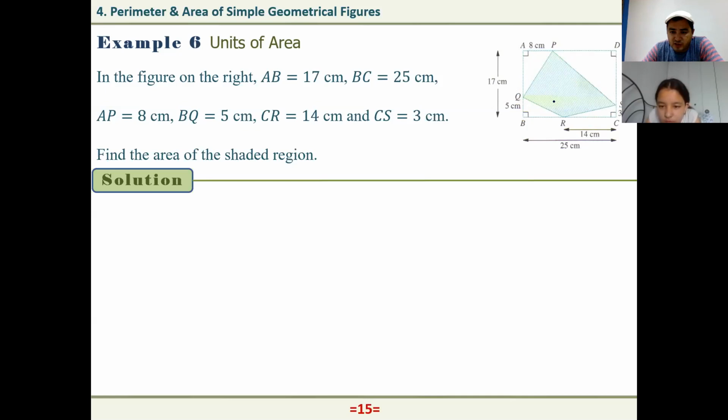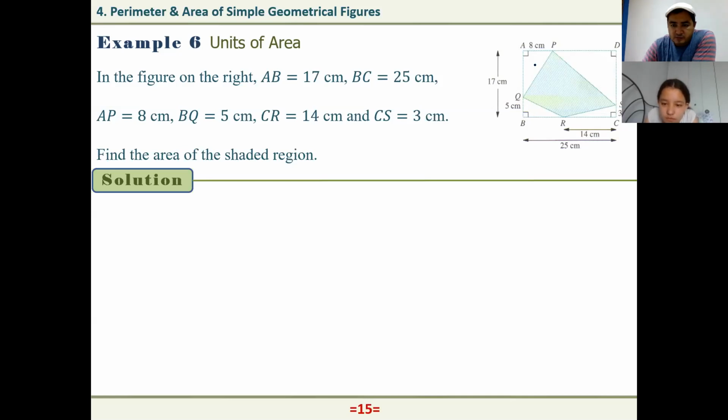The area of the shaded region is the area of the rectangle minus this triangle, minus this triangle, minus this triangle, minus this triangle. It gives us the remaining part. So this is how we are going to find it.